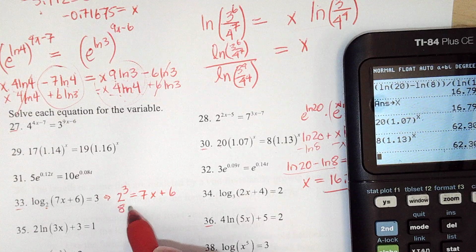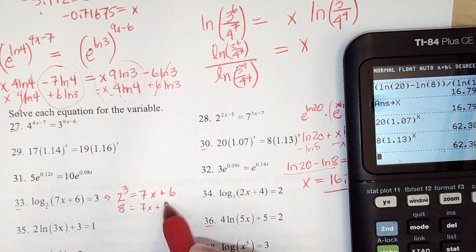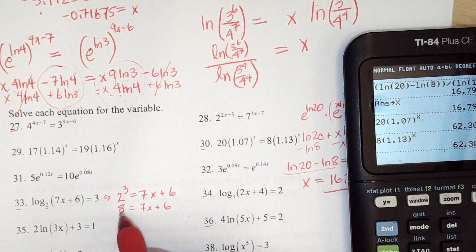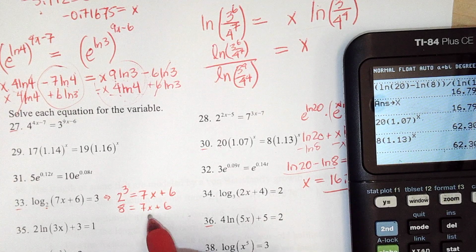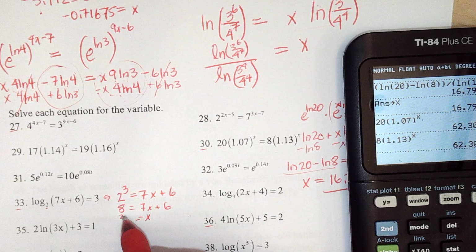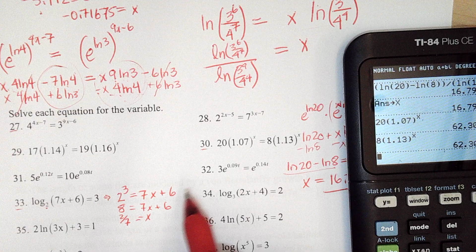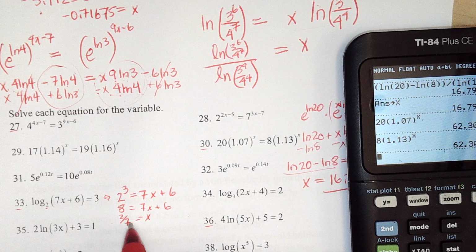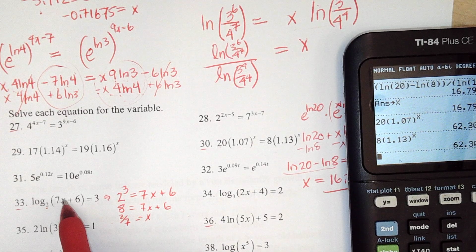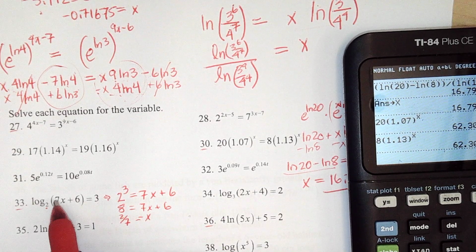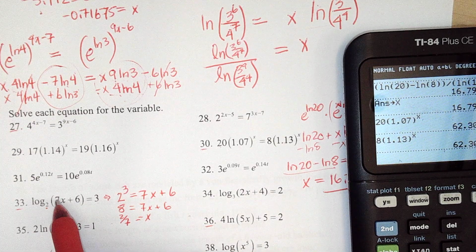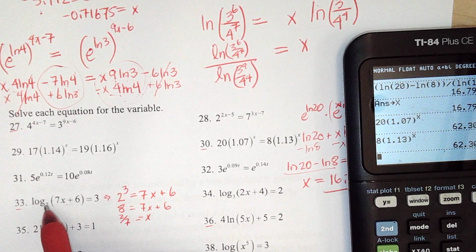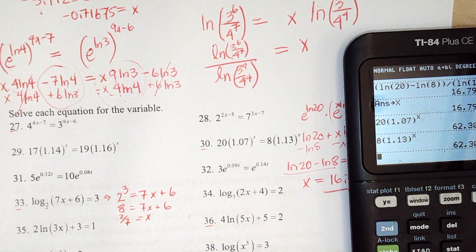Oh, this is just 8 equals 7x plus 6. This is the algebra 1 problem. Subtract 6, divide by 7, and x equals 2/7. The only thing we got to do is check and make sure we can use this in here. See, 2/7 times 7 would be positive plus a positive. It should work, but 2/7 times 7 is 2. 2 plus 6 is 8, and yes, 2 to the third is 8.